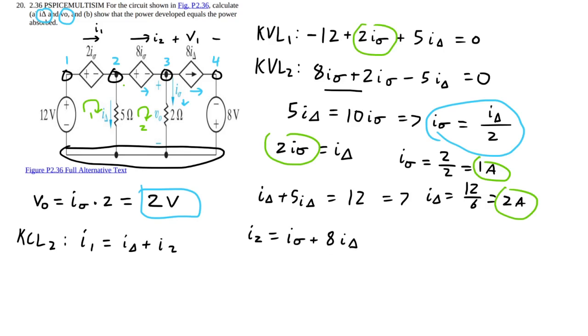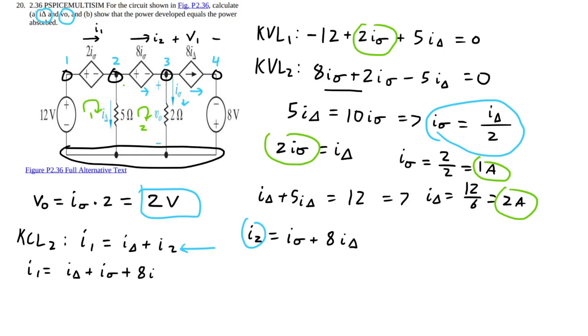So you have an expression to calculate these various currents. Anyway, let's go back and put this in there. So we're going to have I1 equals I delta plus I sigma plus 8 I delta.